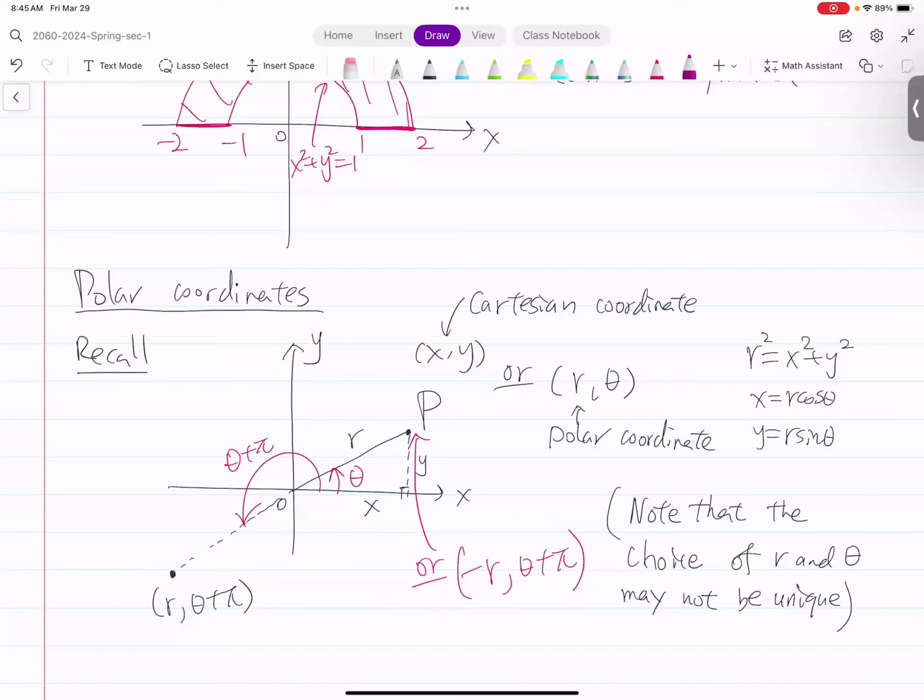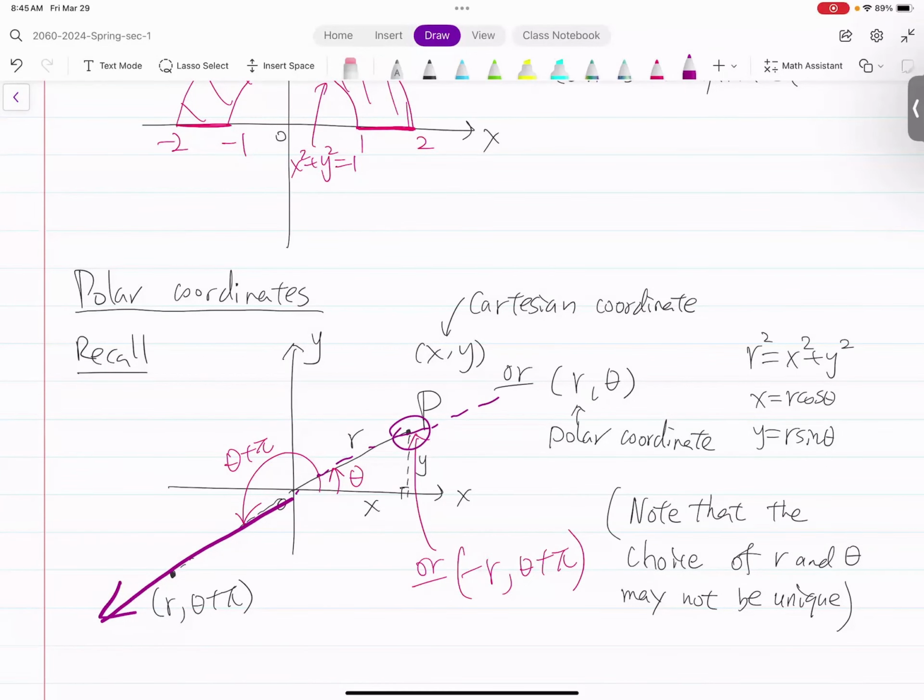So basically, what does it mean? It means, if I decide this is the direction that I'm going along, then I change the distance from r to negative r, I'll go to the negative side of the ray.